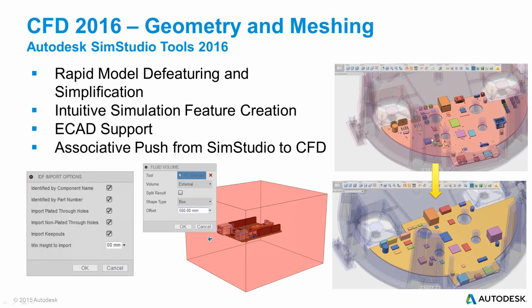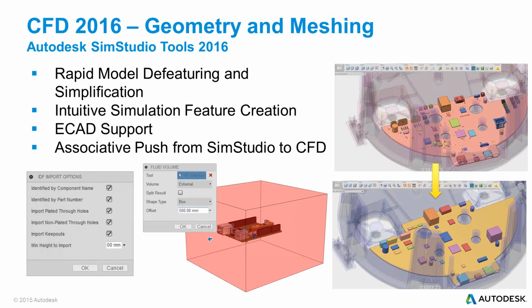The graphic on the right is something that I think is really valuable for people. You get a really complex model, and it may have a bunch of surface parts, a bunch of complexity, and you know you want to simplify it. But in traditional CAD, it may take you quite a while to do that.